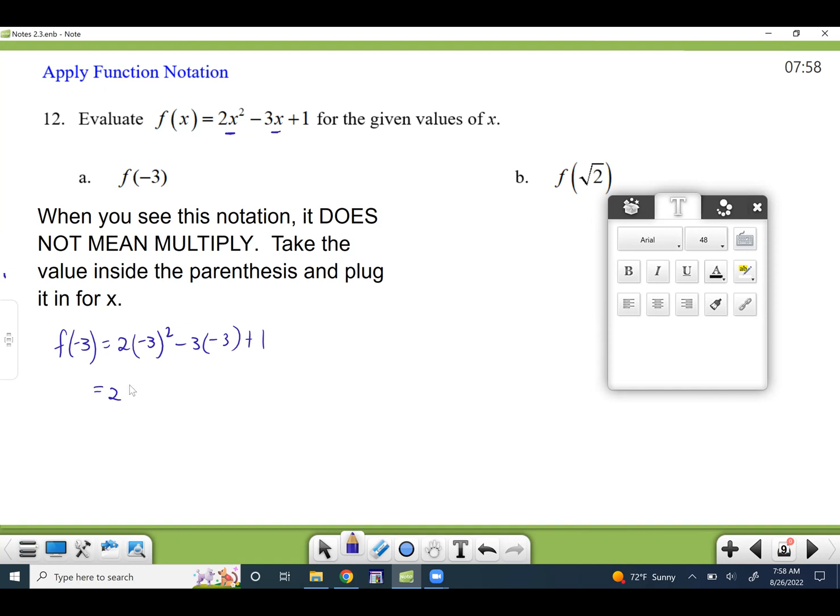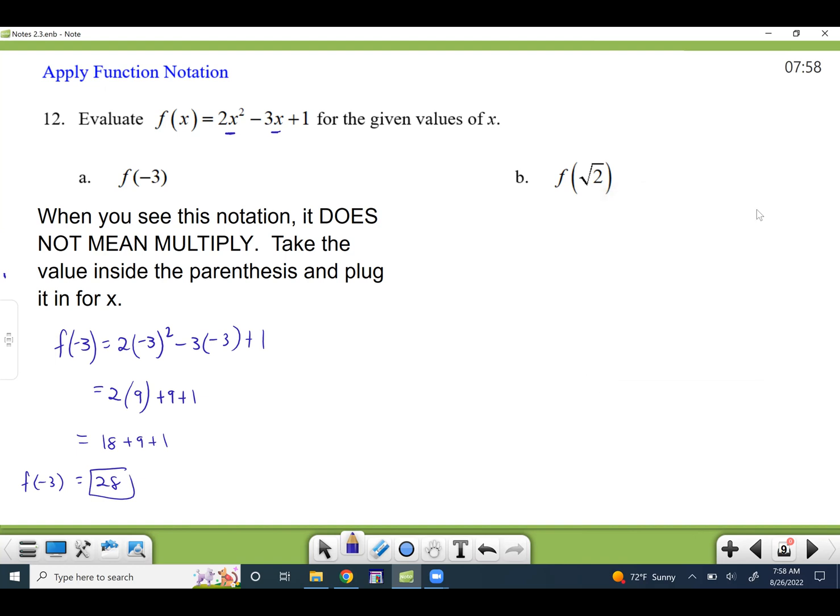So we got to do -3 times -3. So that's going to get us 9. And then over here, we can multiply these together, right? So we'll get -3 times -3 again. Now we can multiply. 2 times 9 is 18. And if we add all of this up, you guys, we get 28. So that is your answer, 28.